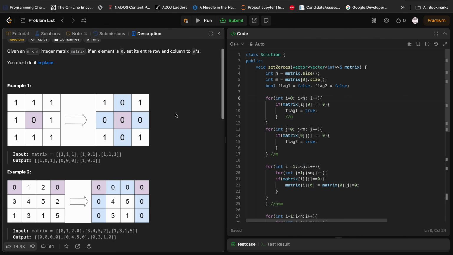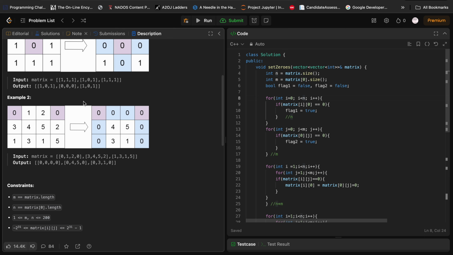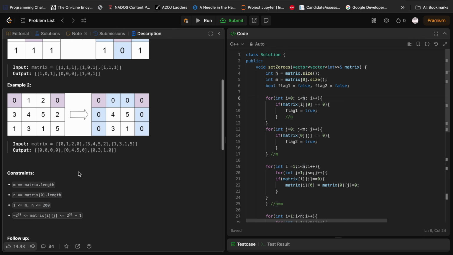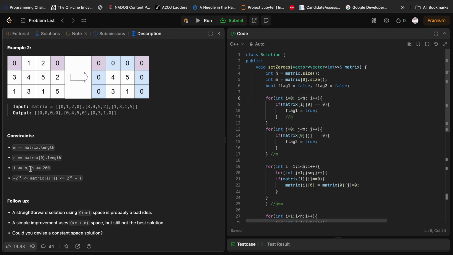So we are given the input matrix and the output matrix. Let's check the constraints. Here the constraints of m and n should be less than or equal to 200. So for a solution, the time complexity there is n raised to the power 4, and the solution's time complexity should be less than n to the power 4, around n cube.